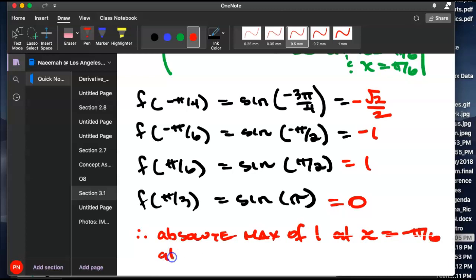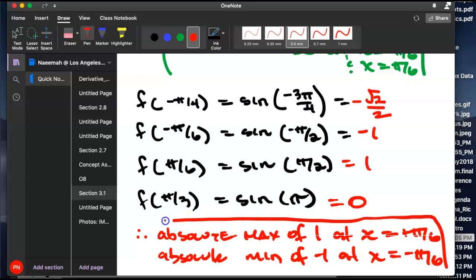I misspoke earlier; I meant to say positive pi over 6. And then we have an absolute min of negative 1 at x equals negative pi over 6. And this is how I would prefer and expect us to conclude on our game.